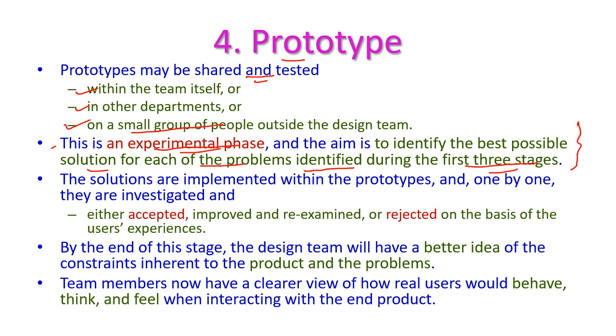The solutions are implemented within the prototypes, and one by one they are investigated, either accepted, improved and re-examined, or rejected on the basis of users' experience. By the end of this stage, the design team will have a better idea of the constraints inherent to the product and the problems, and a clear view of how real users would behave, think and feel when interacting with the end product. So this is called prototype.